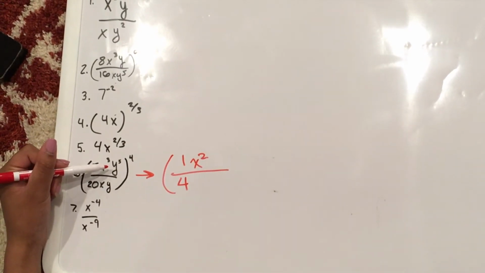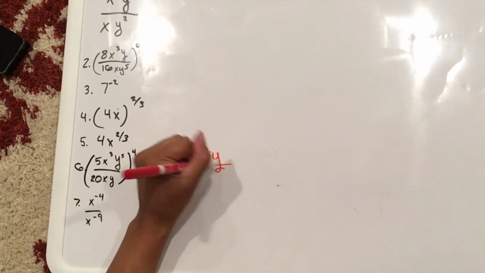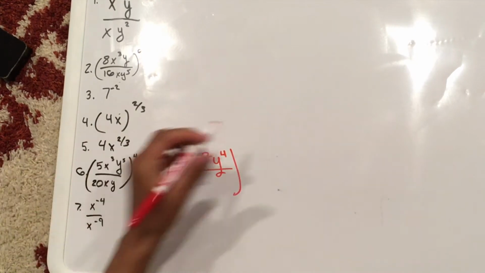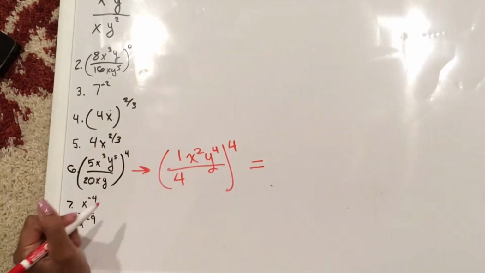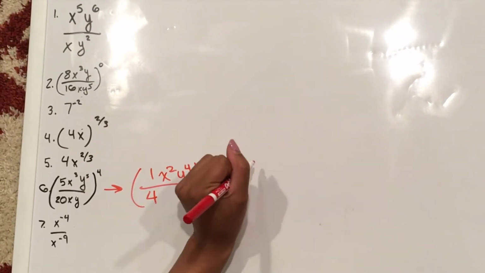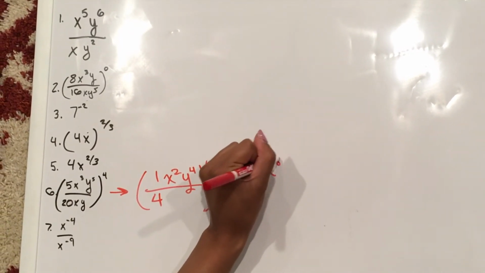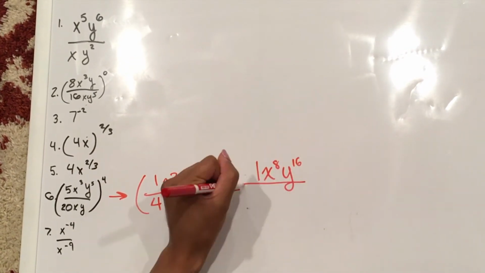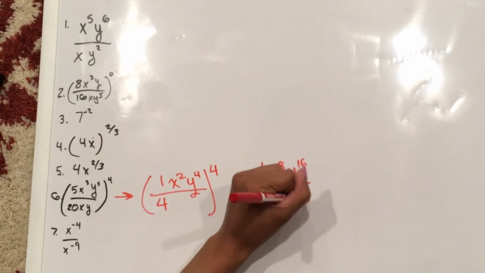Again, we can use the quotient rule for the y to the 5th over y, leaving y to the 4th. And all of that will be raised to the 4th power. This leaves 1 to the 4th, which is still 1, times x to the 8th times y to the 16th over 4 to the 4th power, which is 256.